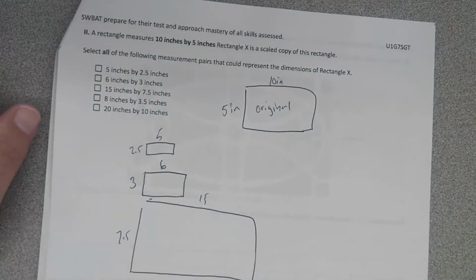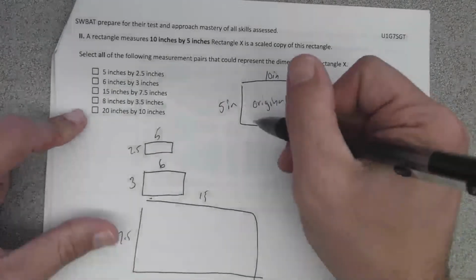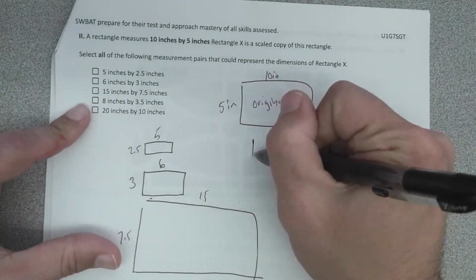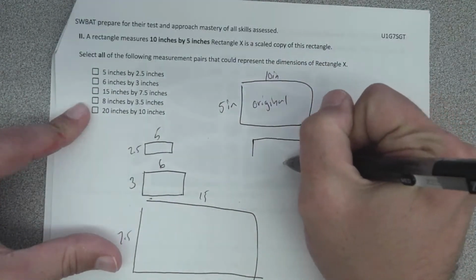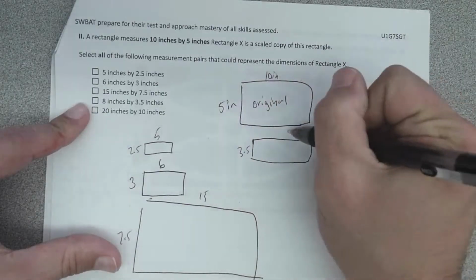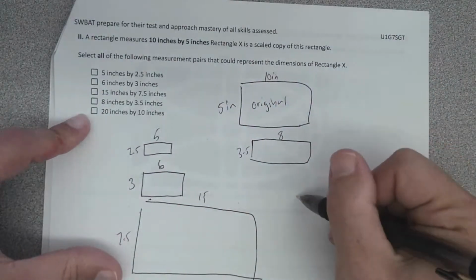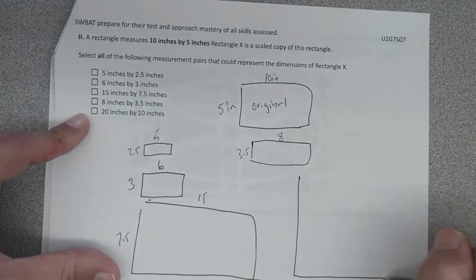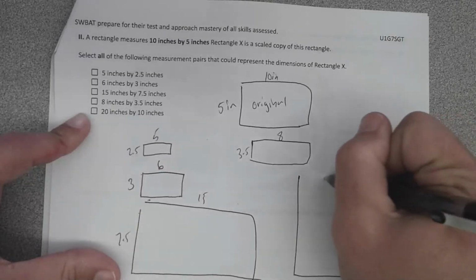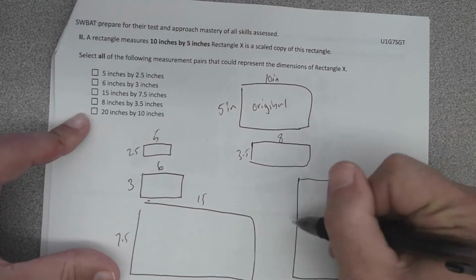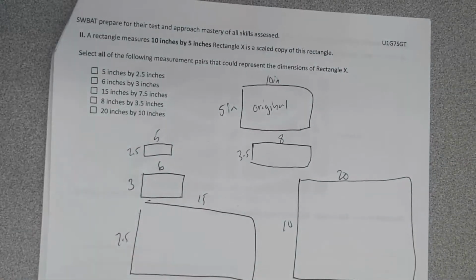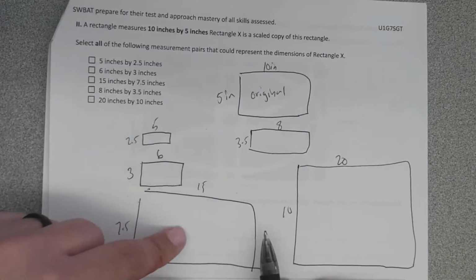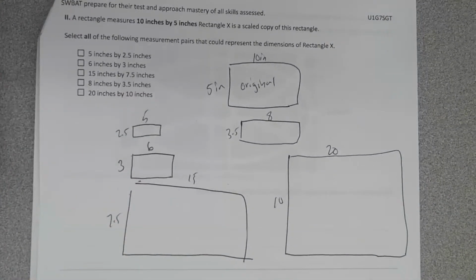We have all these rectangles. Here I could do 3.5 by 8, and then 20 by 10. Right? And we want to know, are these copies of our original?